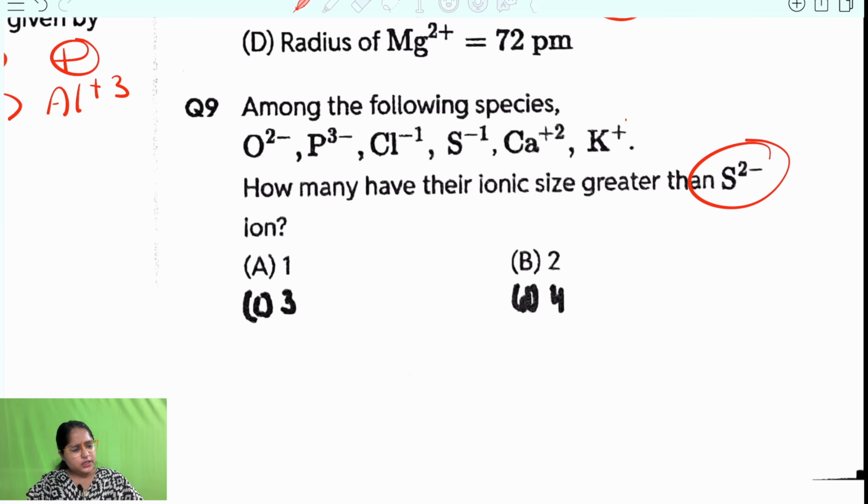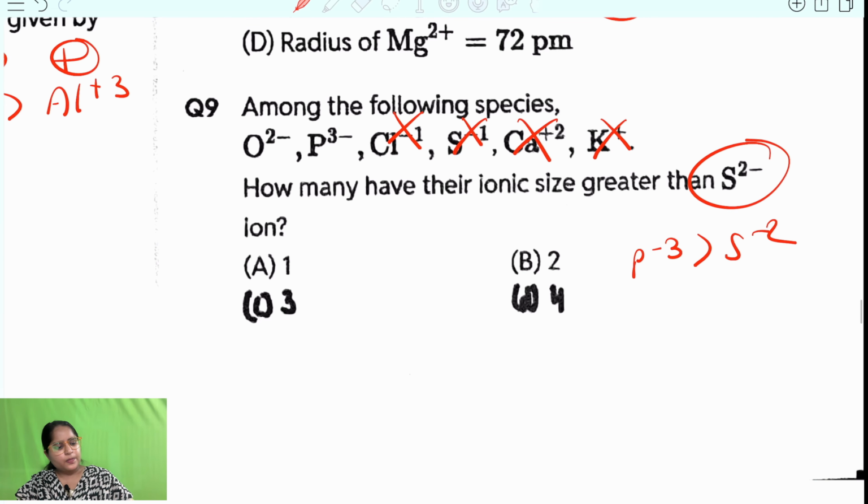So, potassium no, calcium no, S minus no, Cl minus no, P minus 3, definitely P minus 3 will be more, because it has more charge than S minus 2. Then oxygen: oxygen and sulfur, sulfur will be more, so this is also wrong. So, only one, P minus 3, has more size than S minus 2.